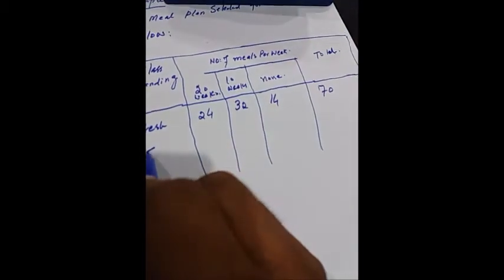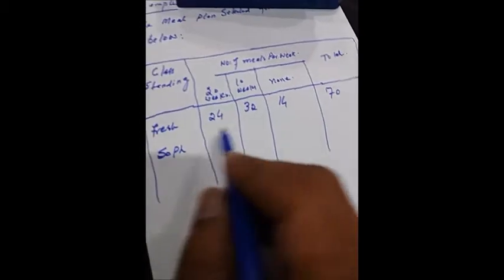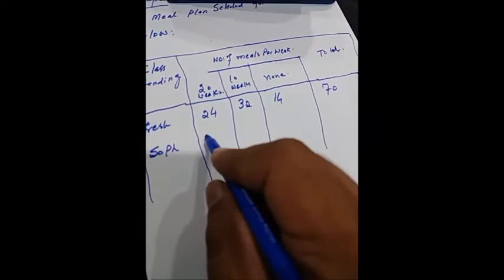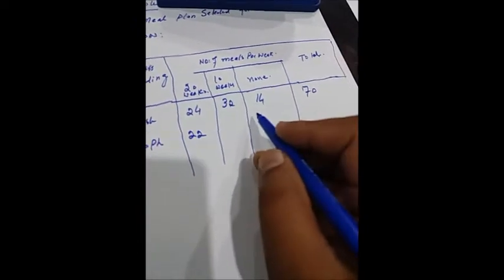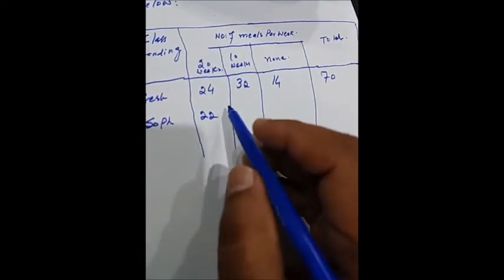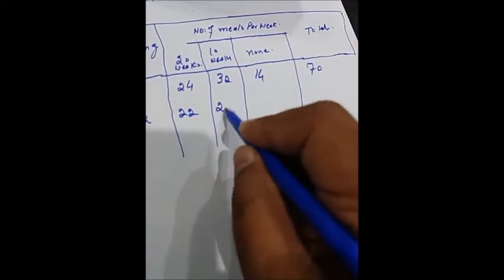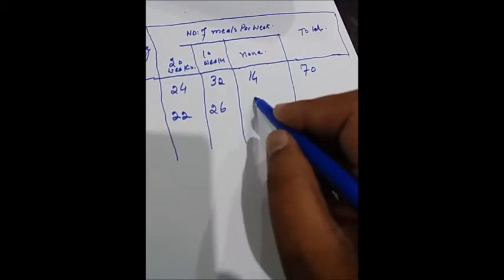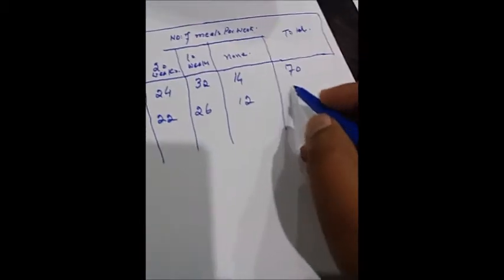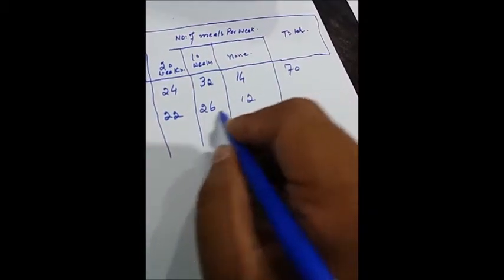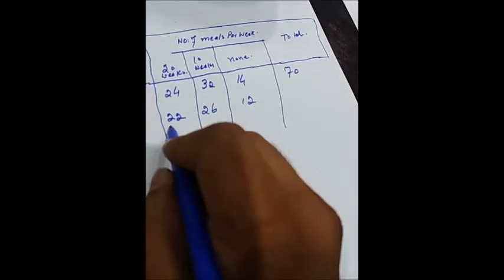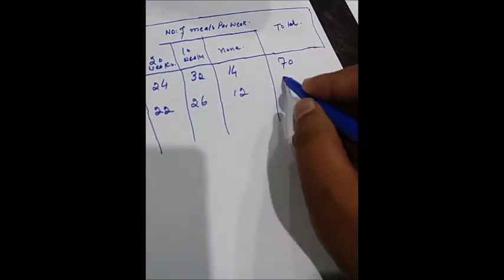And for sophomores, we have 22 for 20 weeks, and 26 for 10 weeks, and 12 for none. The row total is 26, 22, 12, which is 60.